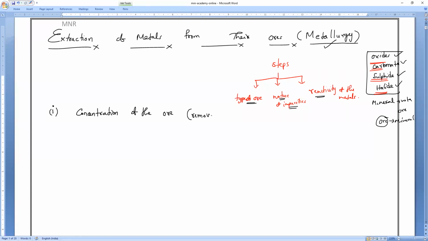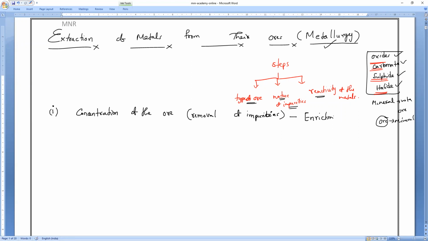That is the first thing you have to remove. We increase the amount of metal in the given ore by removing the impurities. So we can also call it enrichment of the metal. From the name enrichment itself we can understand. What do you mean by enrich?